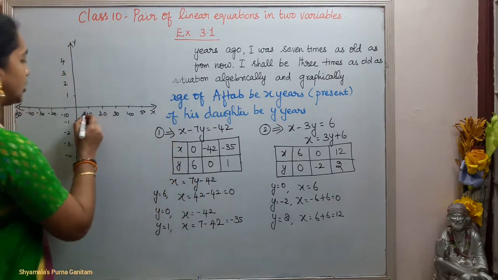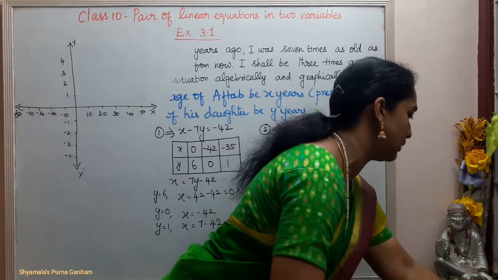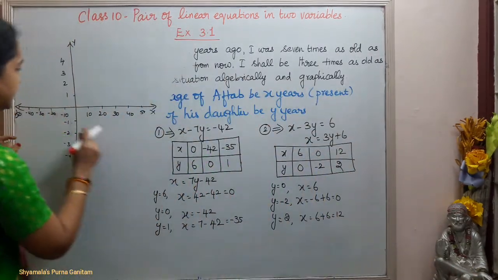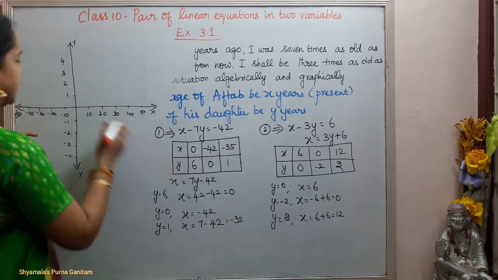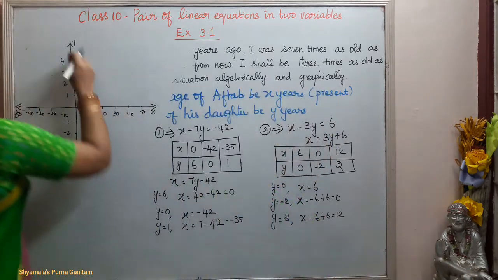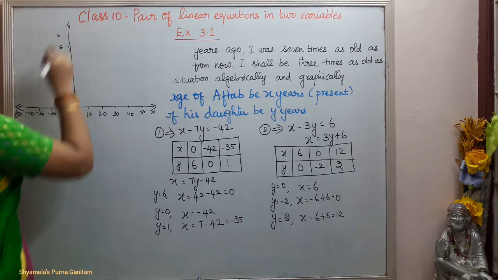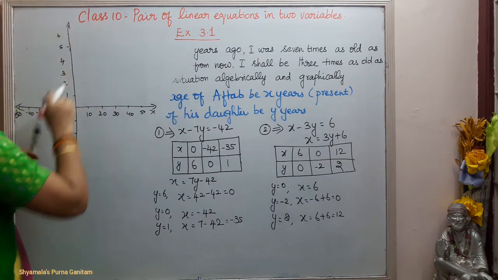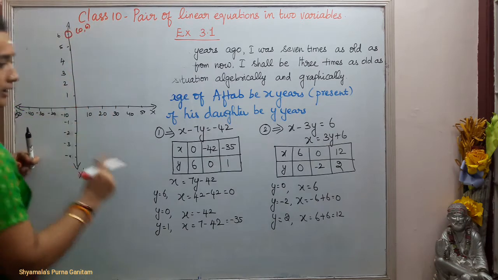So if x value is 0, my y value will be 6. So x is 0 and y will be 6 will be here. 5, 6. So the point will be 0, 6. 0, 6 will be here.